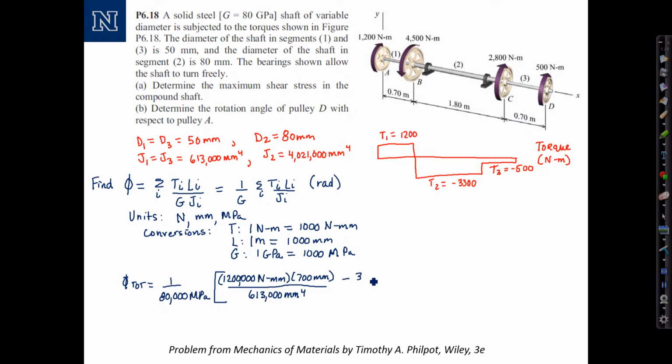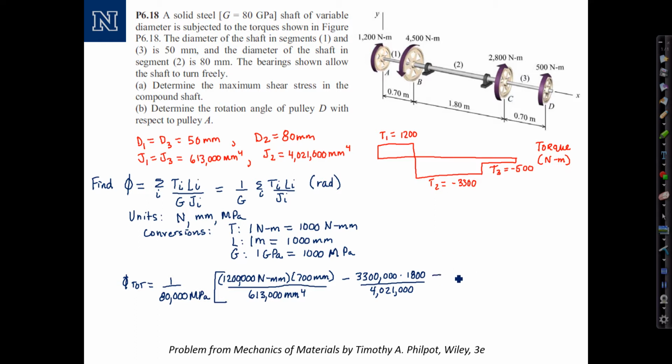So we go on to T2, negative 3,300 times 1,000 with the conversion factor, times L2, 1,800 millimeters, divided by J2, 4,021,000 millimeters to the fourth. And finally, add in for the third segment, T3 L3 over J3.